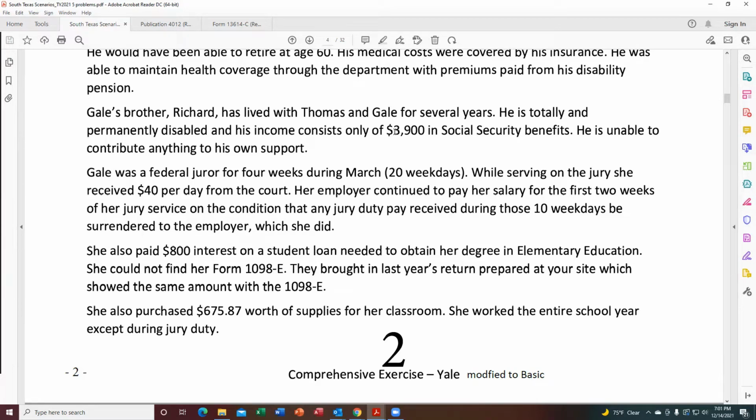Now, if he gets other sources of income and he's providing for his own support, then that's different. But there is a worksheet that a person can complete to document whether he or she is providing for his or her own support, in case there's any questions.